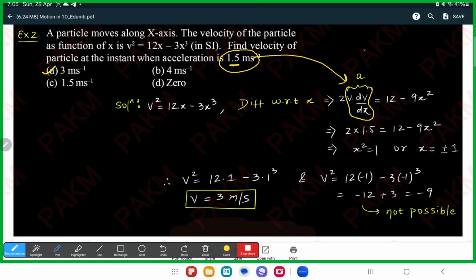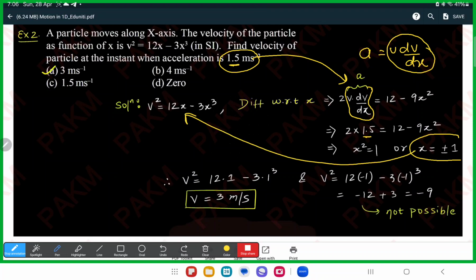I told you in a previous slide that a is equal to v dv over dx. This collectively gives you a. So I have substituted here, that is 1.5, 12 minus x. Now from there we can get the value of x. Once I keep this value in the given expression, we get v is equal to 3 meter per second.